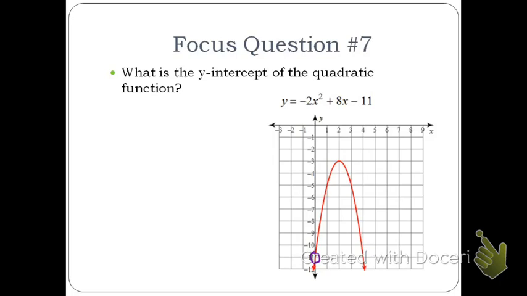This one looks like it hits more exactly at (0, -11). The truth is, you can see how we have this -11 there. That is not just a coincidence. That is exactly one way we can identify what our y-intercept is.